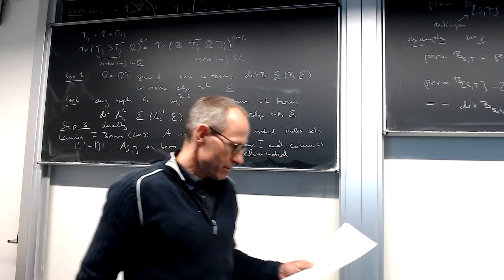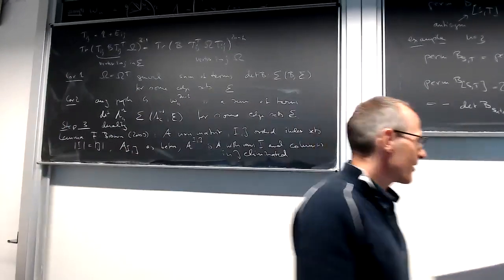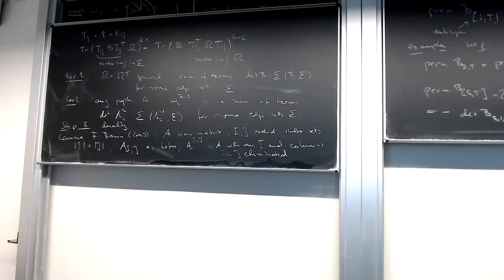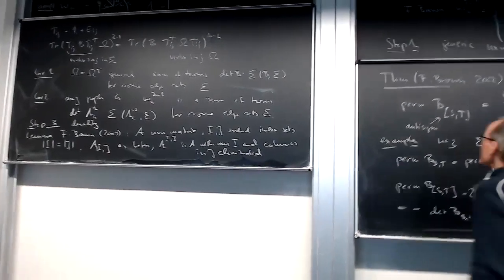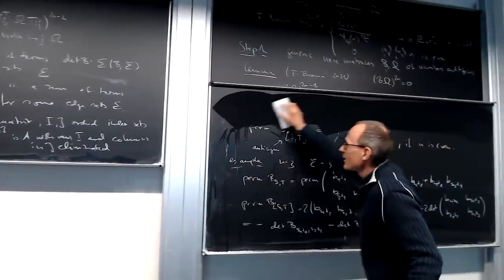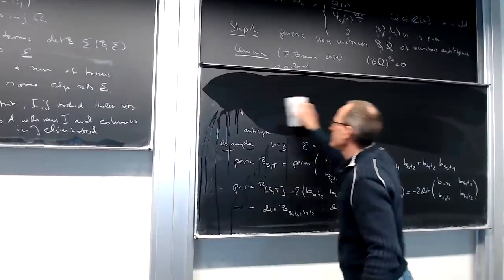Francis just wrote in the chat, it's due to Jacobi. It's due to Jacobi, so yeah. It's just always the simplest thing to attribute everything to Francis Brown because it's always somewhere in his notes. It's only a lemma, so it's not very difficult.